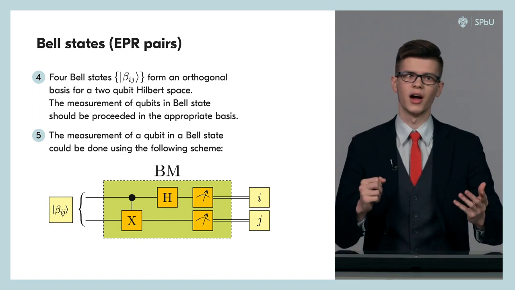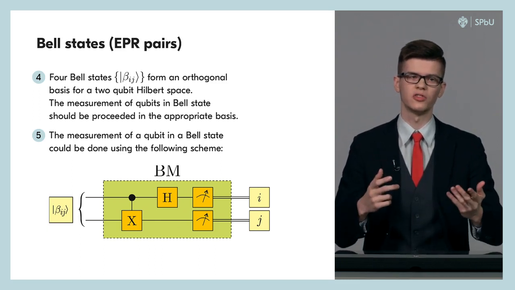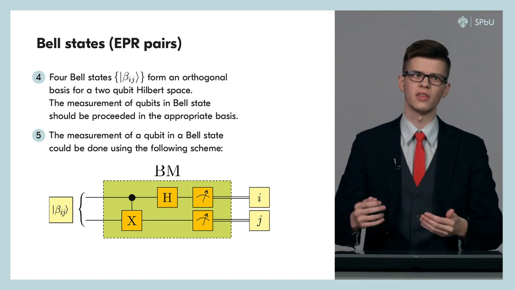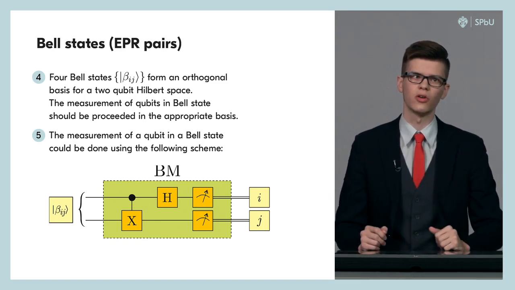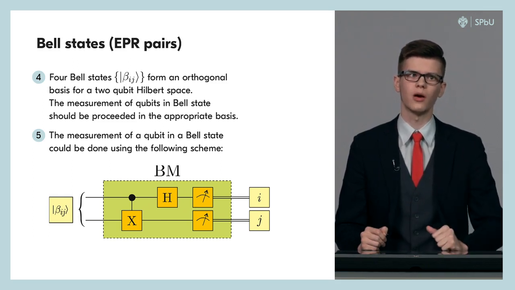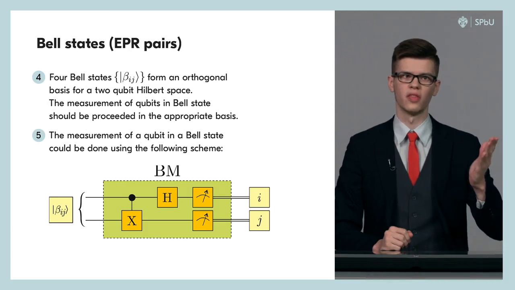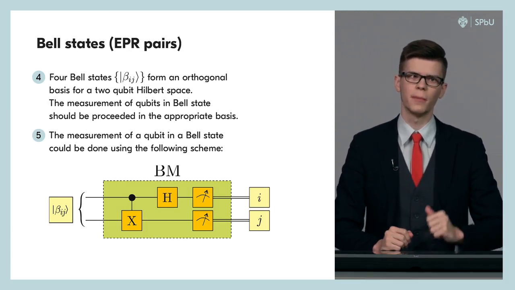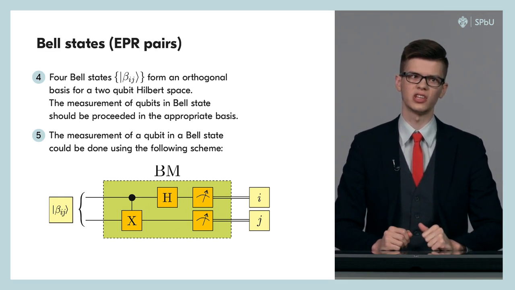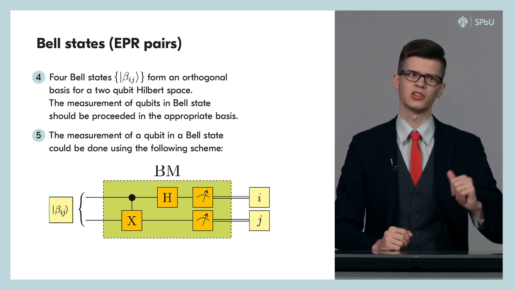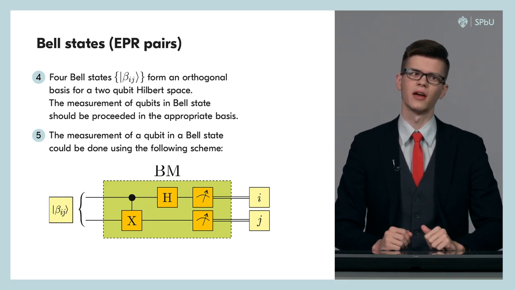In other words, if one is able to perform a measurement procedure for both qubits A and B, so that the state of qubit B is taken into account when measuring the state of qubit A, then one can find out which one of the Bell states was prepared. These joint measurements are called the Bell measurements, or measurements in the Bell basis. The setup for such an experiment is presented on the slide. It is unclear for us now, but it is here just in order to show that such an experiment exists. We will get back to it later when discussing superdense coding and quantum teleportation.